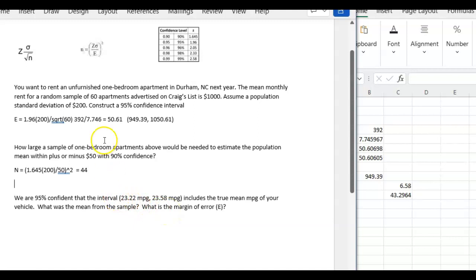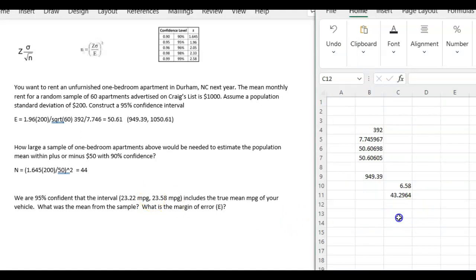Well, if you think about how we construct a confidence interval, which we did right here, we constructed this by adding and subtracting the margin of error from the mean. The mean is the value that sits right in the middle. So to find the mean from any confidence interval about the mean, you're just looking for the midpoint between these two values, and that will give you the mean.